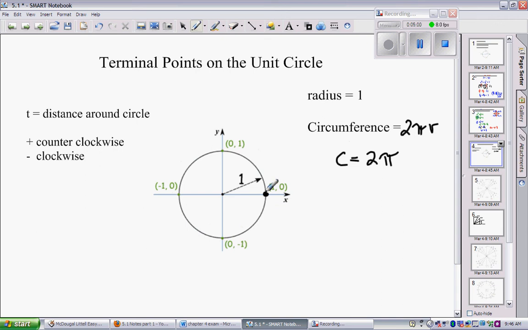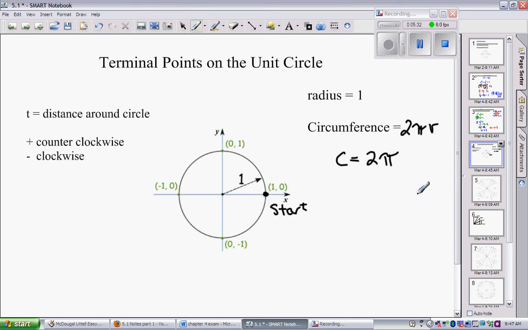We're going to always start at (1, 0). That distance around the circle is notated by the letter t for terminal points. It's opposite of what you would think. When you go counterclockwise, it's positive. When you go clockwise, it's negative.